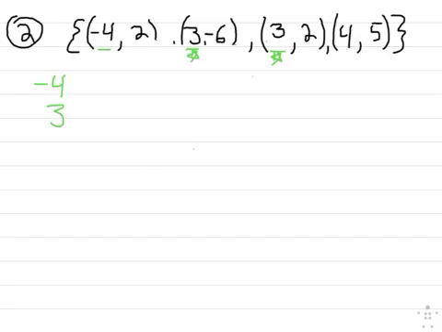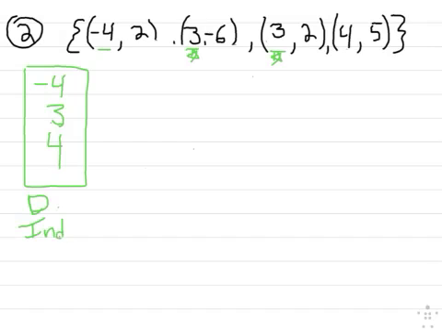So 3 and 4 is our domain, our independent or input.